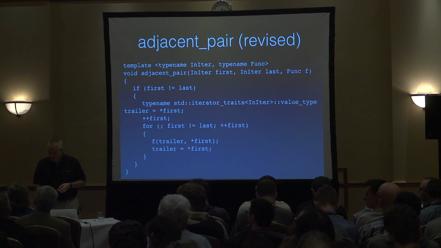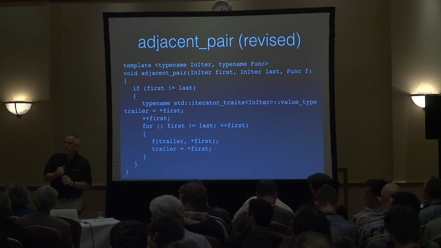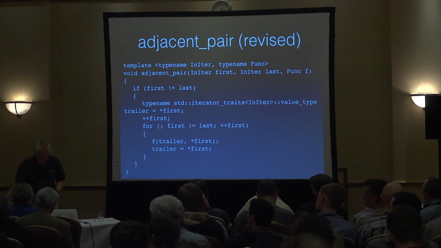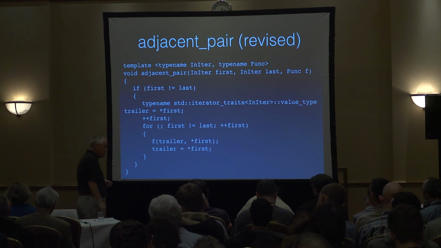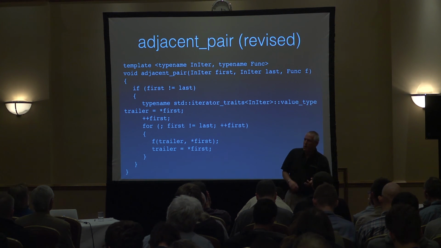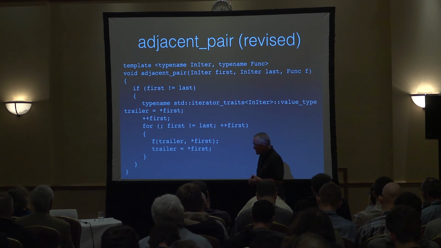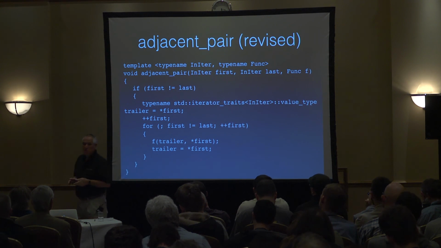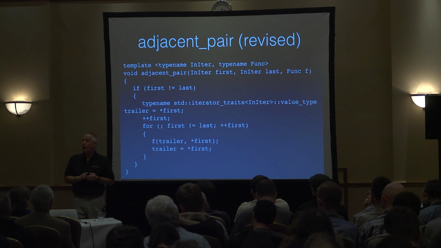Well, my question was maybe more that some of the lower level building block algorithms in the standard library seem to make more sense in C++98 than they do in C++11 and newer. Okay, so the comment was some of the low-level building blocks seem to make more sense in C++98 than in C++11 and newer, and I will agree with you up to a point.